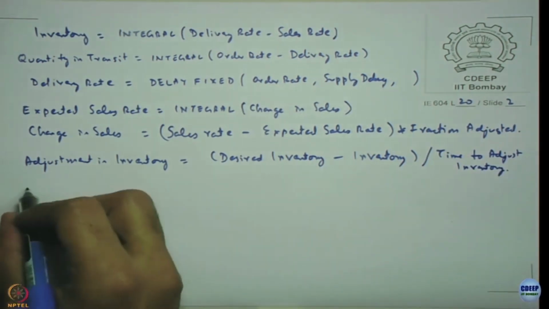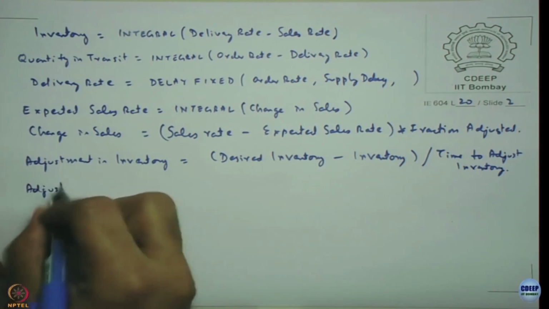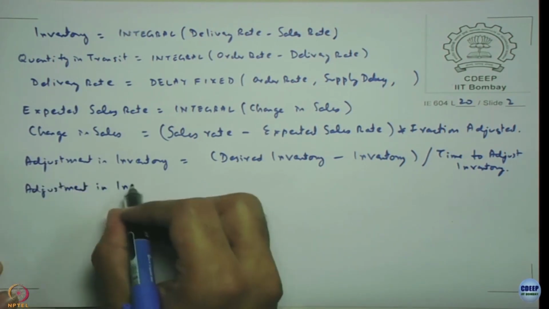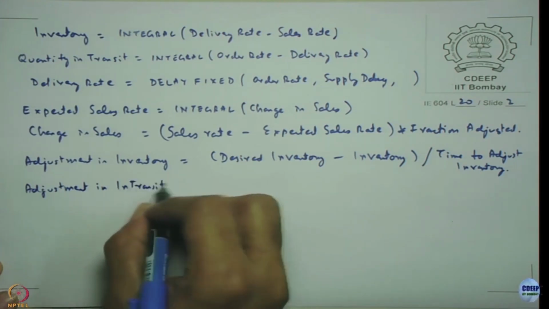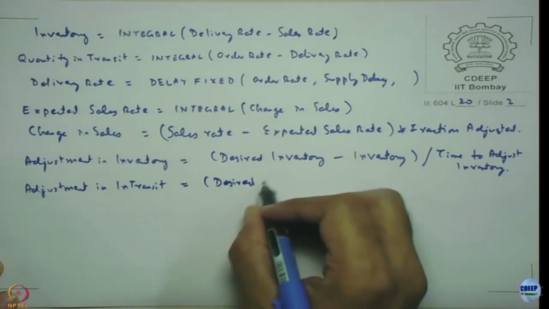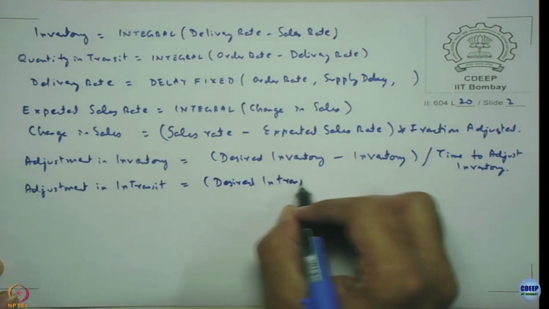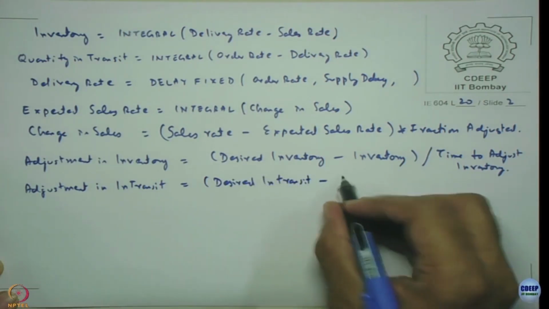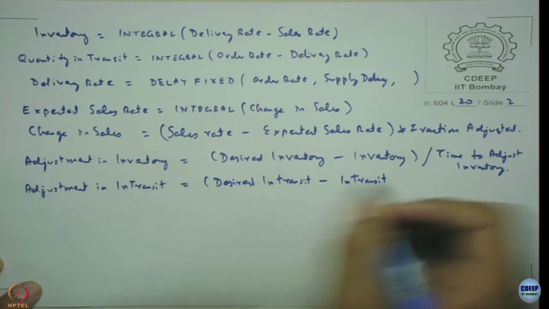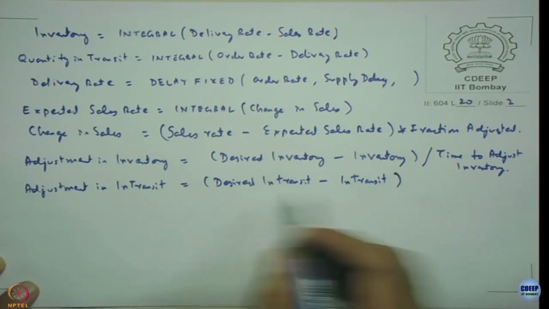So, your adjustment for in transit will also have the same form: desired in transit minus in transit. I should say quantity in transit, but I think you will get it.